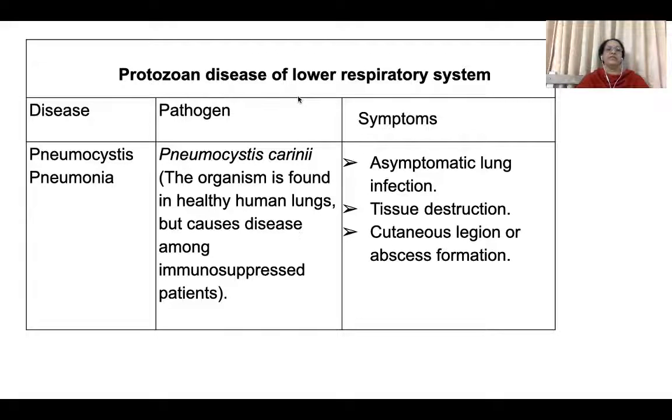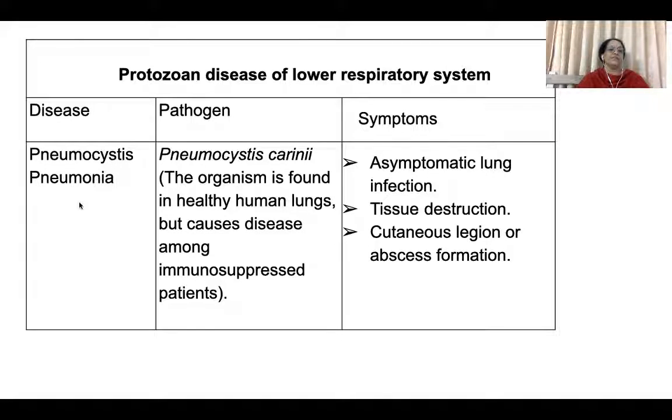Then protozoal diseases of the lower respiratory system. Here the causative agent is Pneumocystis carinii. This organism is found in healthy human lungs, but it causes disease among immunosuppressed patients. That is, the patient suffering from HIV or a person having some malignancies for which drugs are required for immunosuppression.